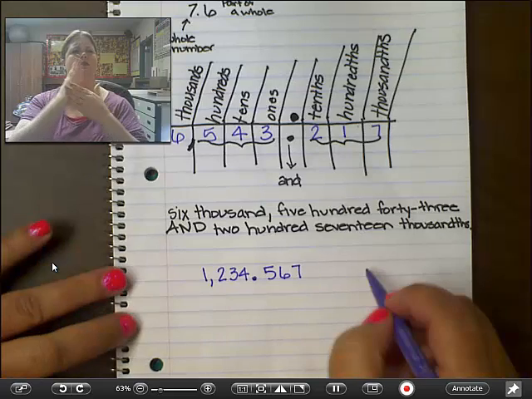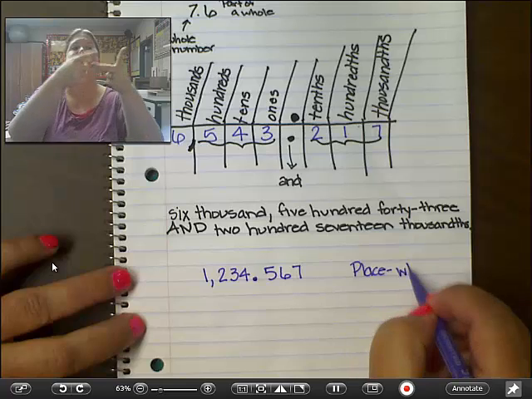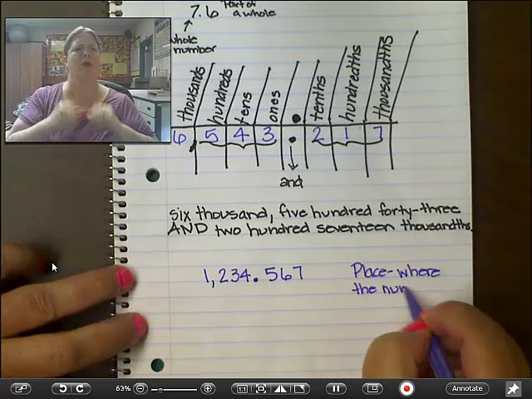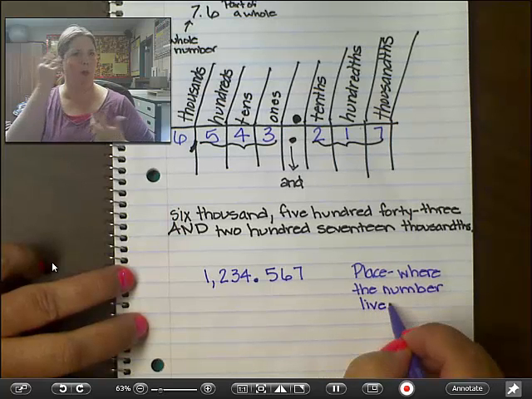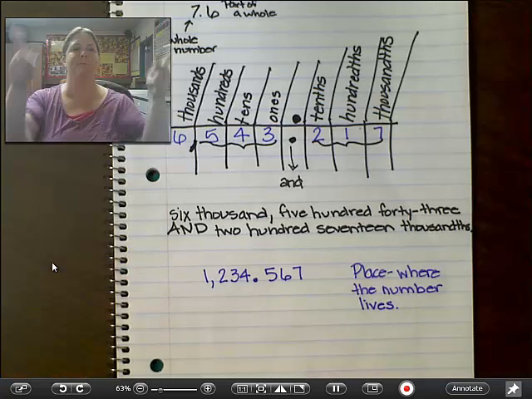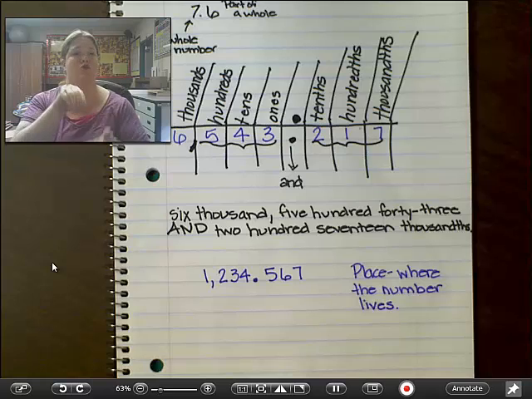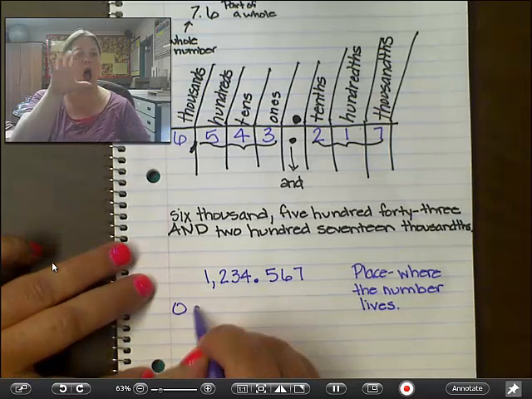What we're doing right now is the place where the number lives. This is kind of its address. Okay, so I want you to look, and I want you to put a circle around the number that is in the hundreds place. Circle around the hundreds.